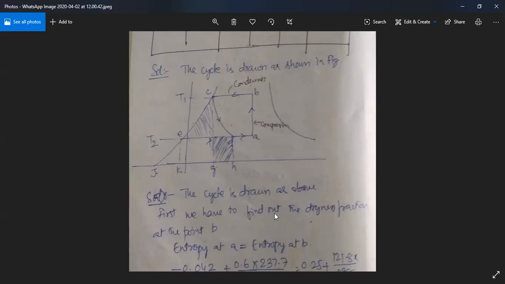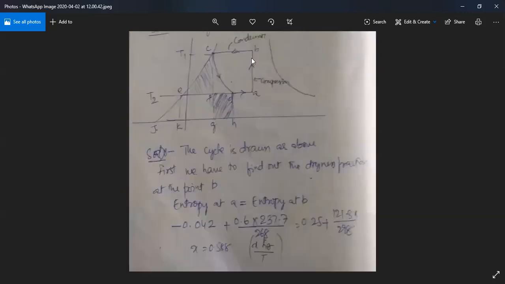So using the cycle, I am just reading the solution here. Entropy at point A is equal to entropy at point B because it is isentropic compression, right? So using that, we can find the X.